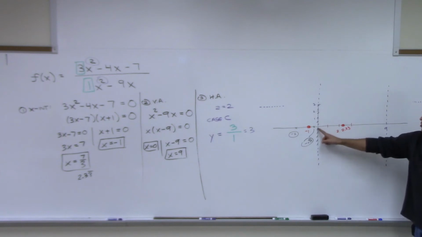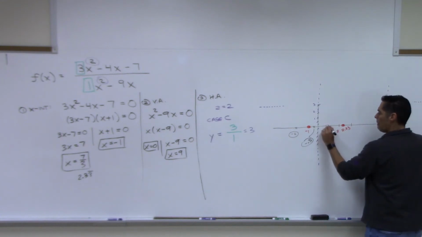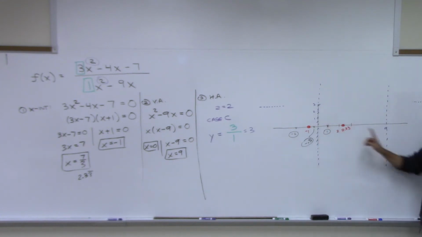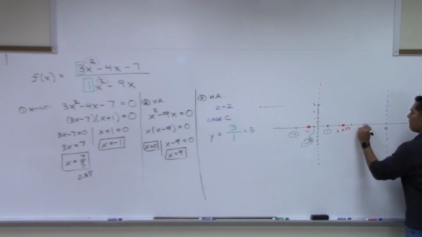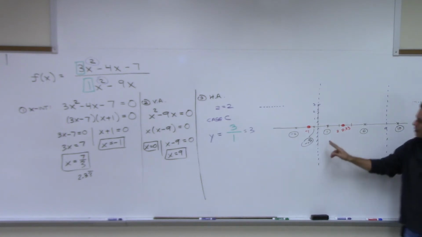Let's see, something between here and here. What do you want? 1? All right, something between here and here. Wow, you have a lot of choices here. 6? One more. 10. There they are: 1, 2, 3, 4, 5.